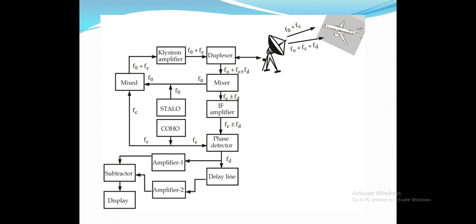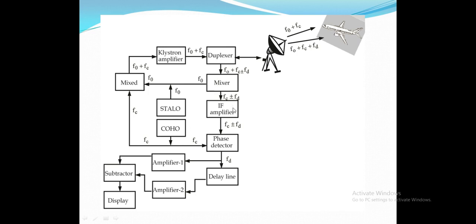Okay, so here the received echo signal, that is F0 plus Fc plus or minus Fd, and the STALO output F0 are then passed through this mixer 2 to produce the difference frequency Fc plus or minus Fd. So here mixer 1 acts as a summer circuit and mixer 2 acts as a differentiator or subtractor circuit.